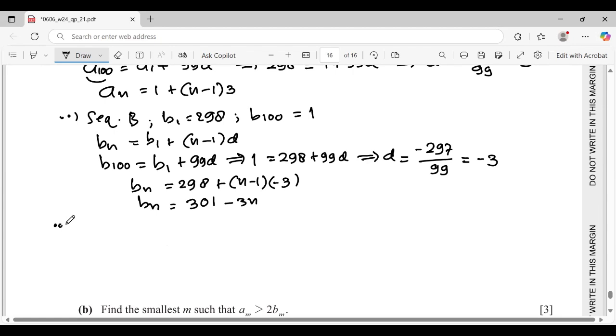According to the information, an minus bn equal 45.